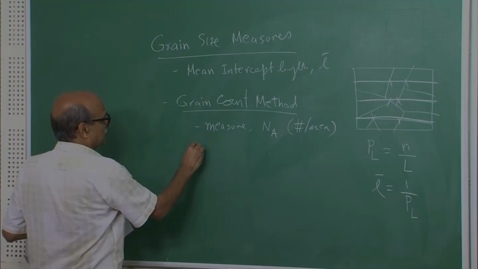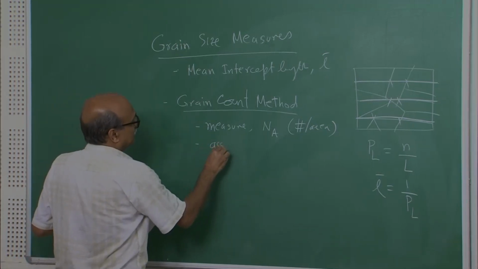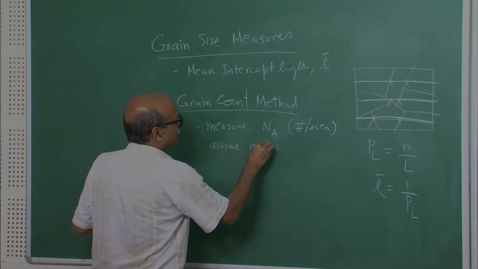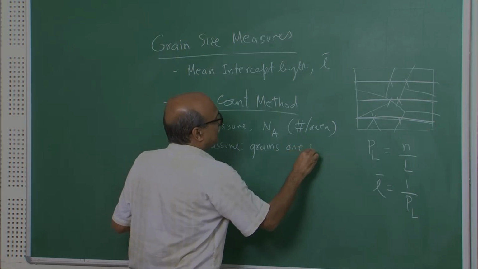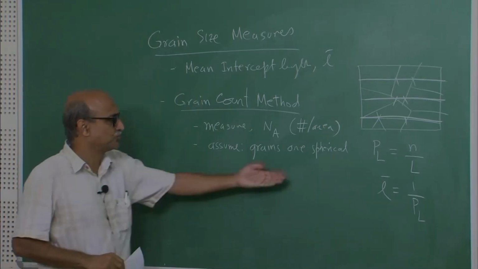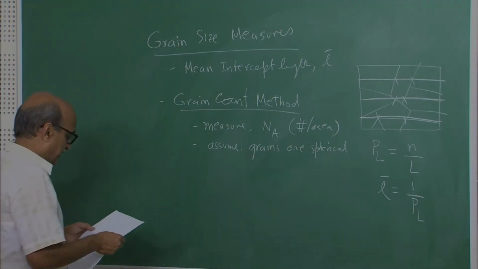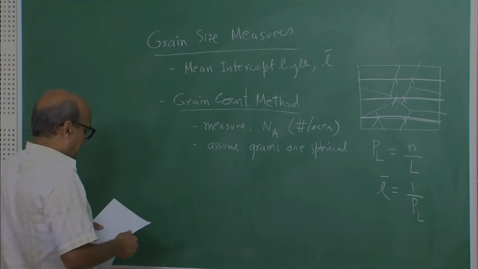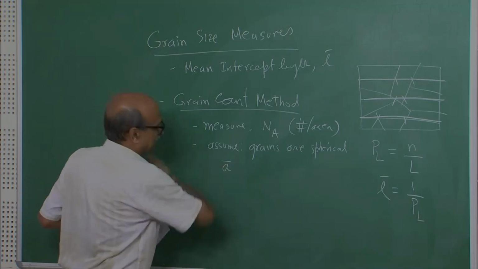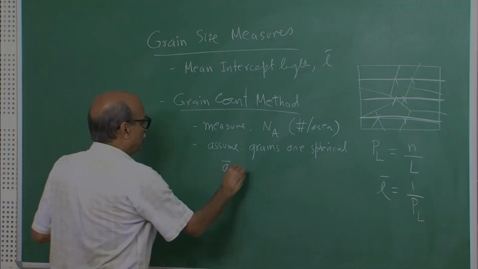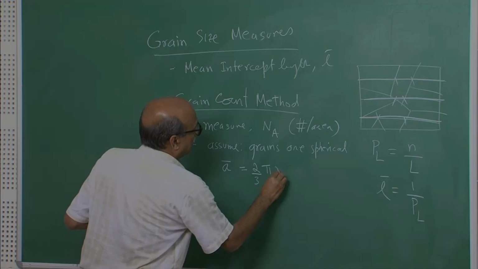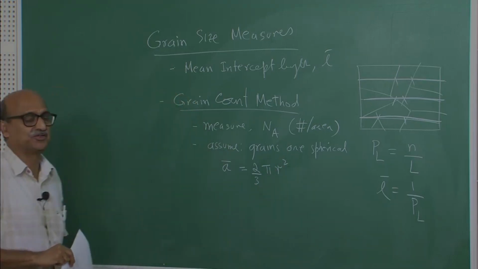If we can make the assumption that my grains in 3 dimensions are spherical, okay, if they are close to the spherical shape, then I can relate the average area of a grain, A bar, to be equal to 2 by 3 pi r square, where r is the radius of the grain.